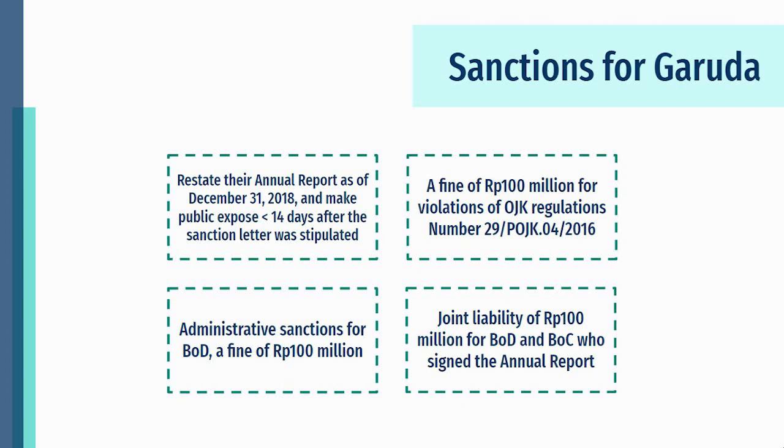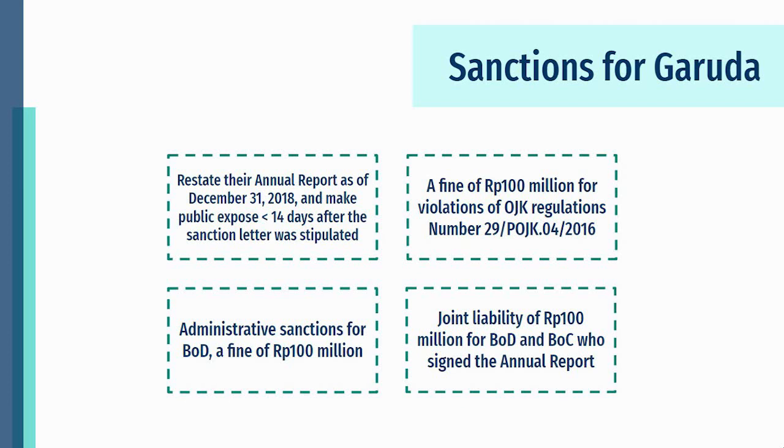Garuda Indonesia was also subject to administrative sanction in the form of a fine of 100 million rupiah for violation of OJK regulation number 29/POJK.04/2016 concerning the annual report of issuers or public companies.